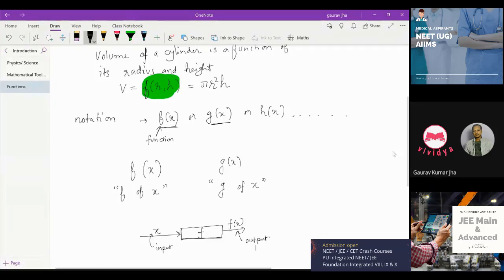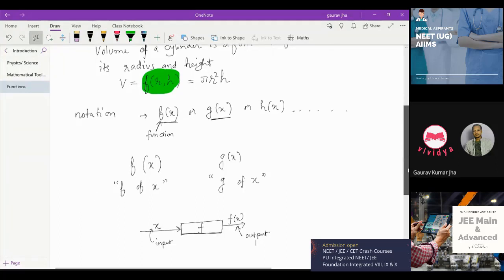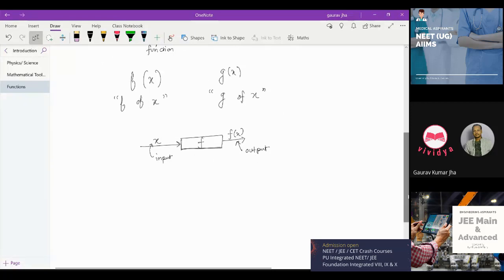Now let me tell you a general description notation of a function. Suppose I have a variable, and I'll keep the variable very general. Let's say I have a variable y which depends on x. So I will start with the idea y is equal to f of x. Suppose I don't know what y is, what x is.